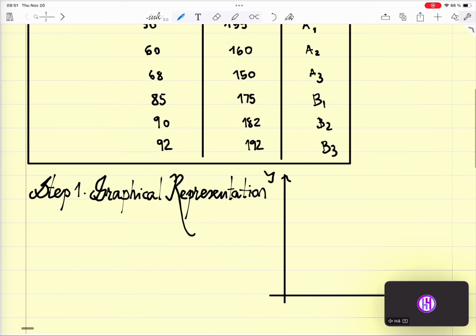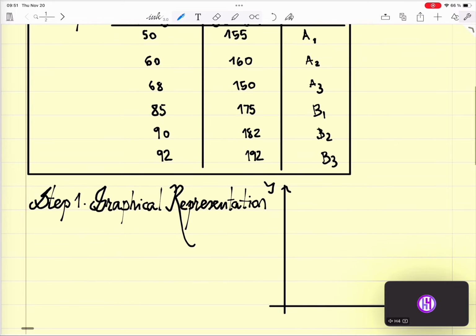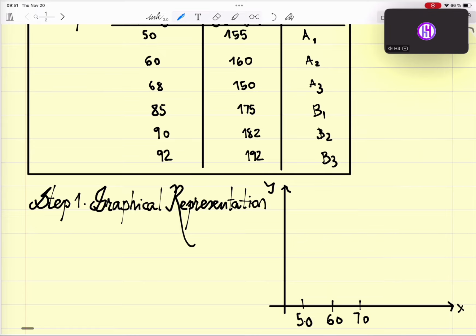Then I have here 50, 60, 70, 80, 90. And then here I have 150, 160, 170, 180, and 190. And then I represent the points.